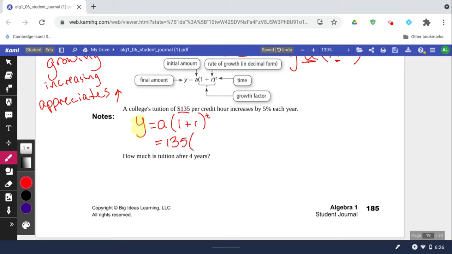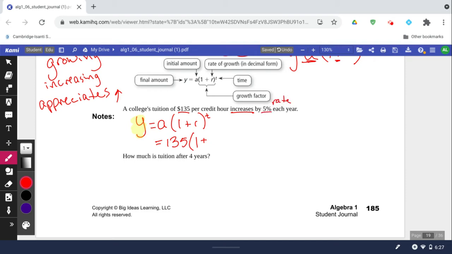That's going to go on the outside of my parentheses. The 1 never changes. It's growth, so I'm going to add. Spoiler alert, if it's decay, you're going to subtract. It's growing, it's increasing, so I know this is a growth problem. Increasing by 5%, so again, 5% is my rate.